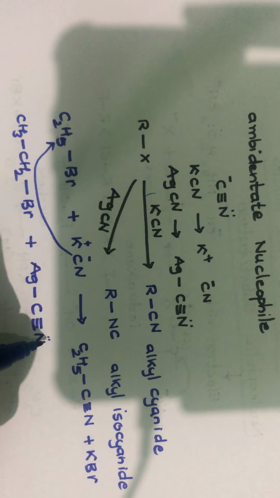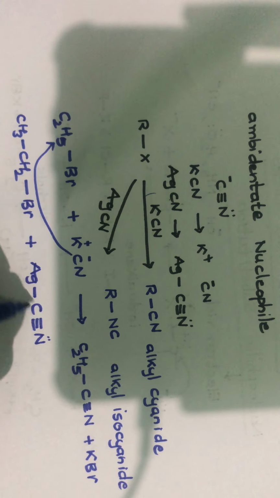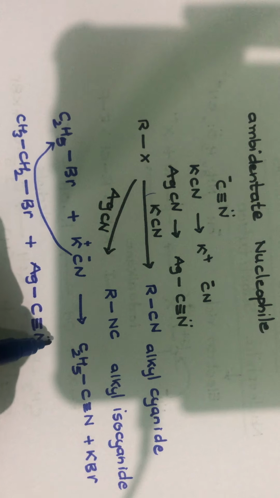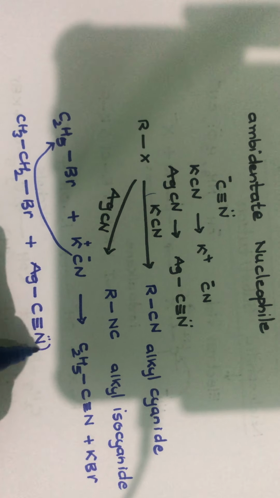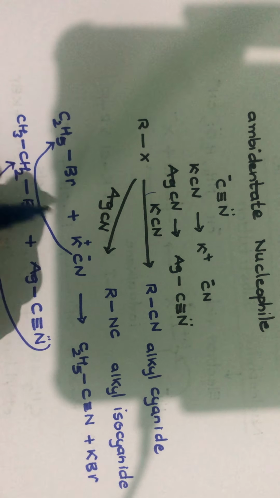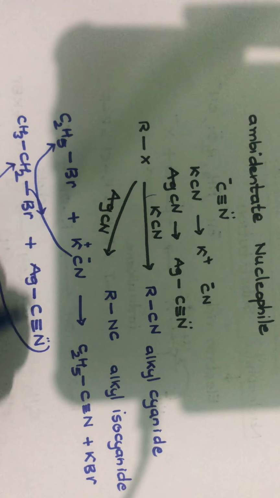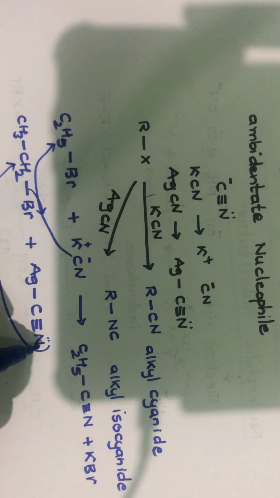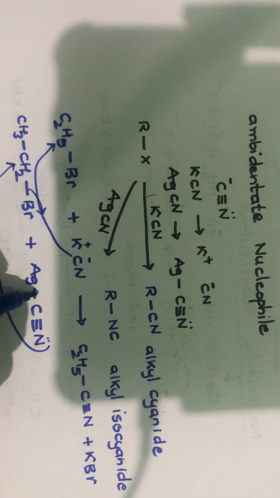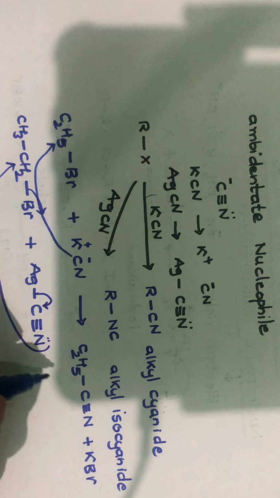Nitrogen attacks because it does not ionize. So nitrogen attacks this carbon, Br goes off. A bond between this and this nitrogen will be formed. So this bond breaks, and that carbon comes here.